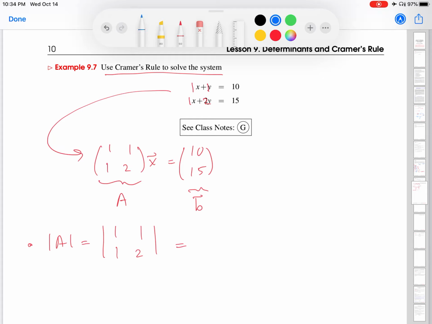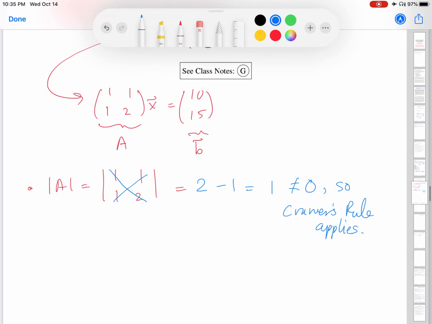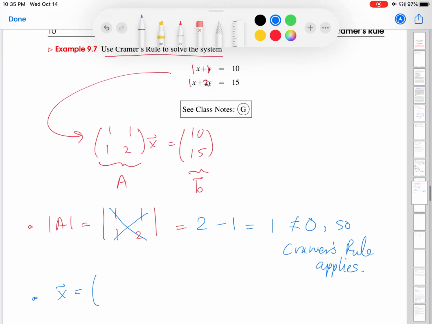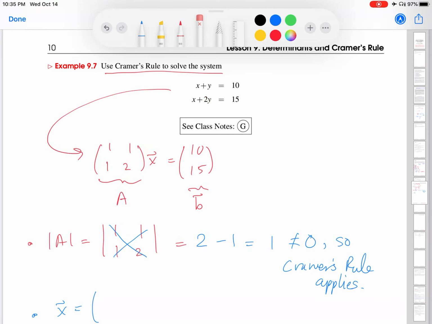So as usual, to take the determinant of a 2 by 2 matrix, multiply the diagonal, and then multiply the off diagonal, and subtract. So this is 1, which is definitely not equal to 0, so Cramer's rule applies. Great. And then I'm going to actually start using Cramer's rule. So the vector x in this problem has 2 components, and that is inherited from the notation in the problem itself up here.